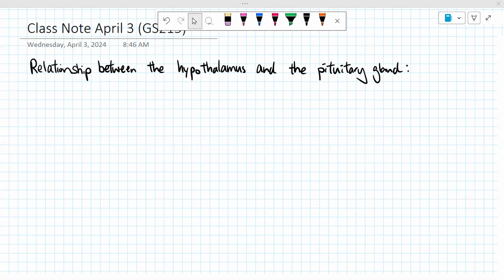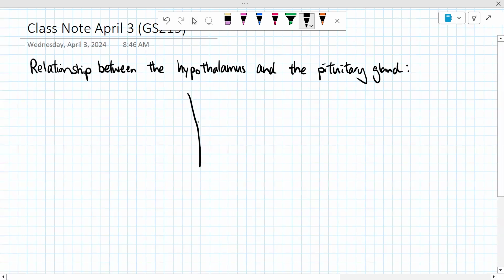Hypothalamus and the pituitary gland. So let's draw them out. Okay, this is the hypothalamus.